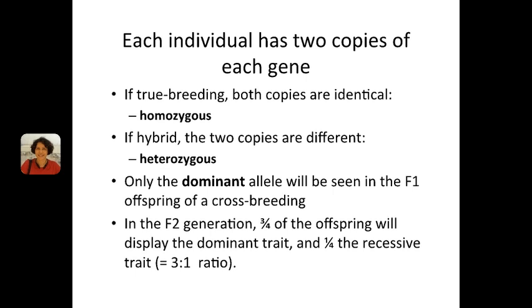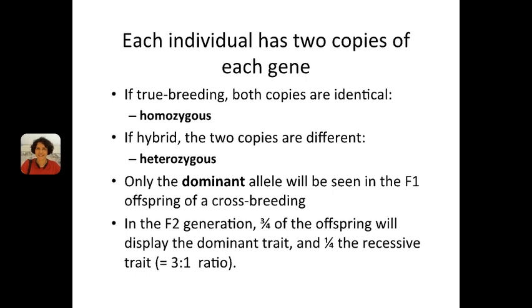If you have a cross breeding, so let's say in the example that we talked about earlier, you had these tall plants, true breeding tall plants. If you cross one of those plants with a true breeding short plant, in other words, the pedigree of that short plant is that it comes from a line where all the plants were short, and if you cross them to each other, all the offspring are short.